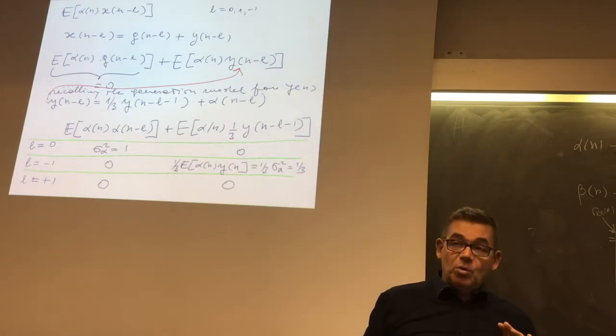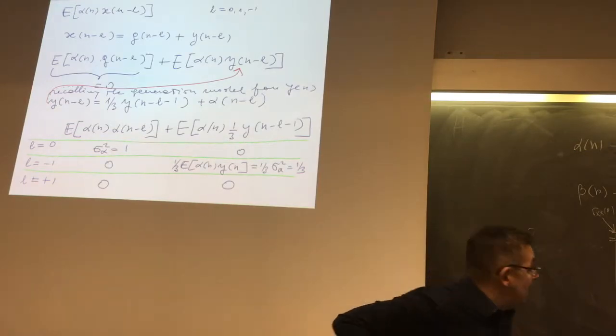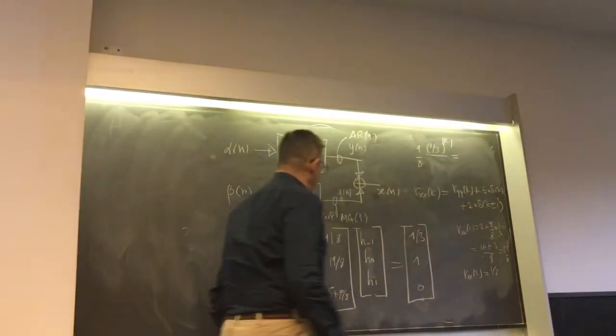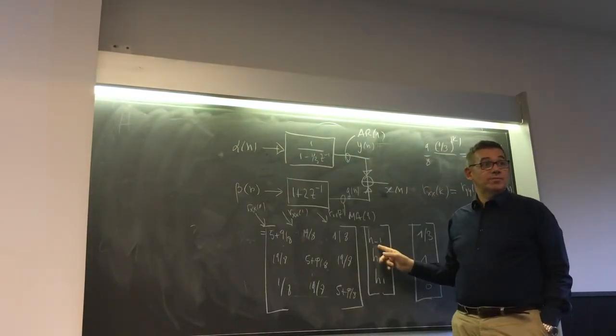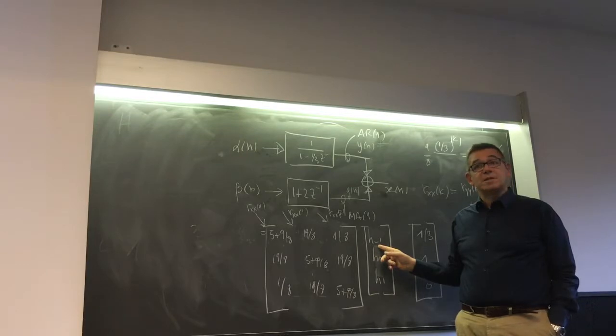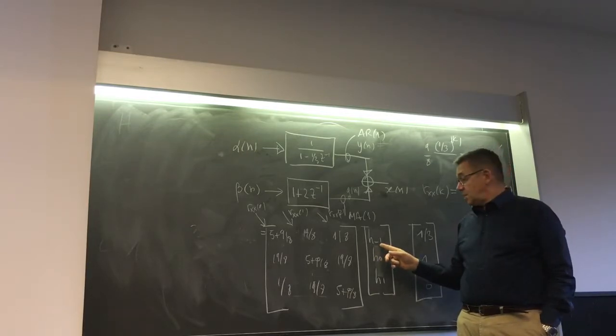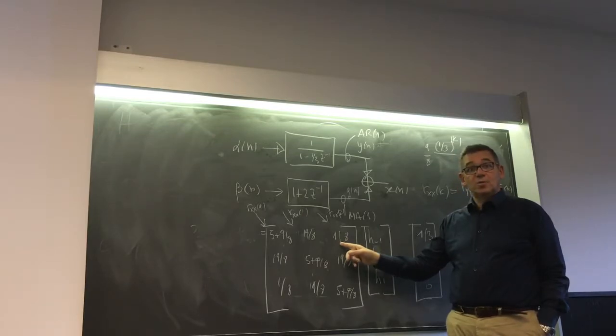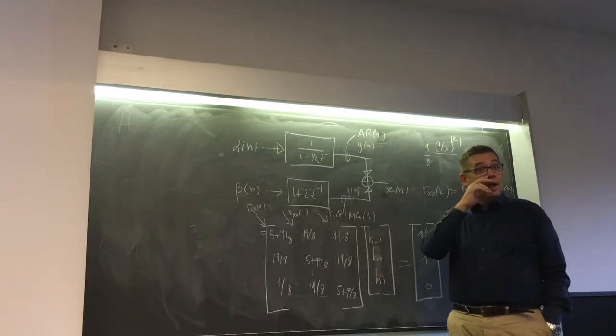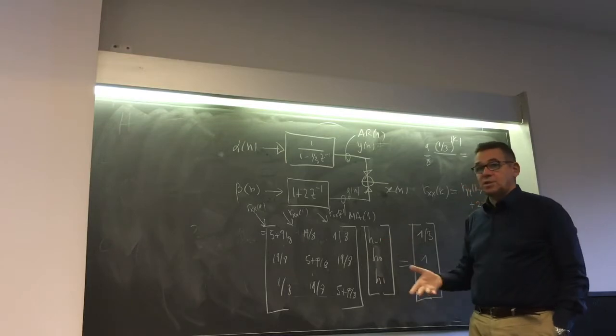Now, what I want you to prove is that h minus 1 is not 0. It doesn't come out to be 0, because this is going to be 0 only if there is nothing here, which is not possible. And so this one is not 0.